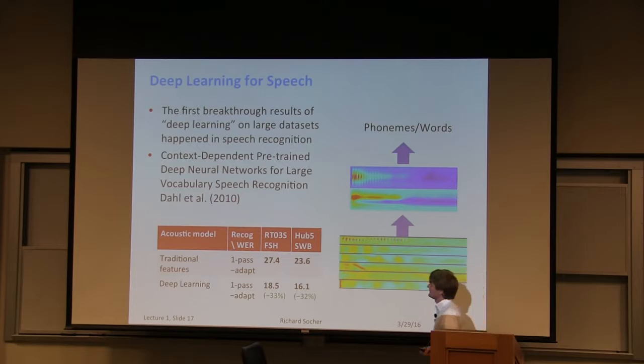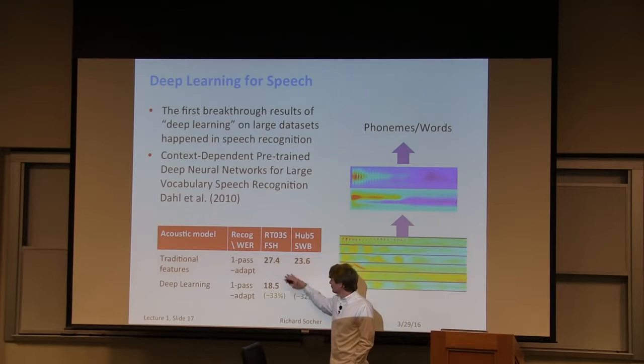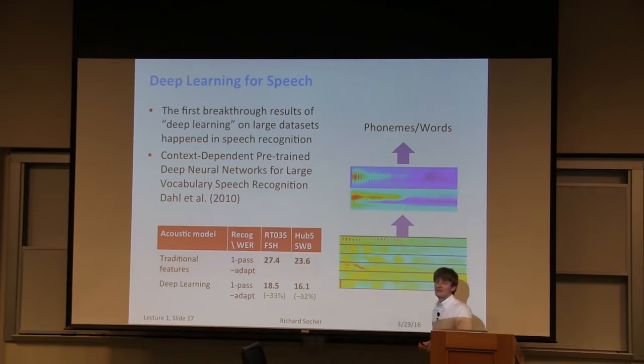Here we see a word error rate, and the word error rate really dropped significantly. So when you speak into your phone, your Android or your iPhone, you will very likely use a neural network in the back end that actually understands what you're saying.